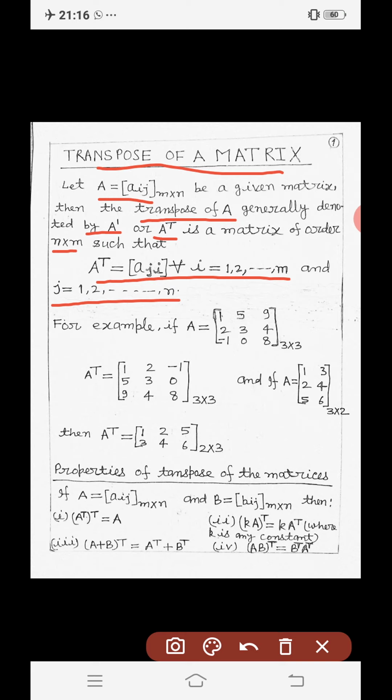The first row is interchanged with the first column, the second row is interchanged with the second column, and so on.